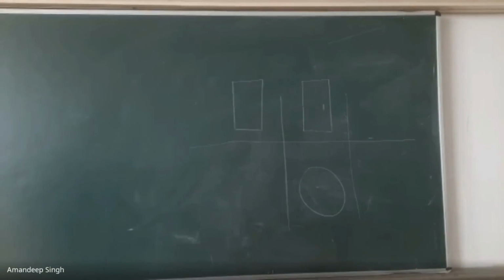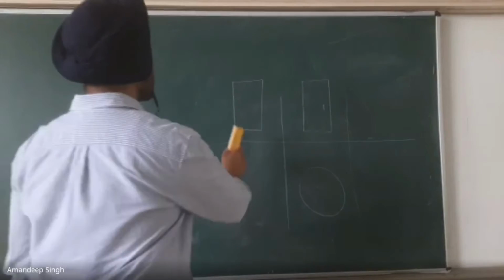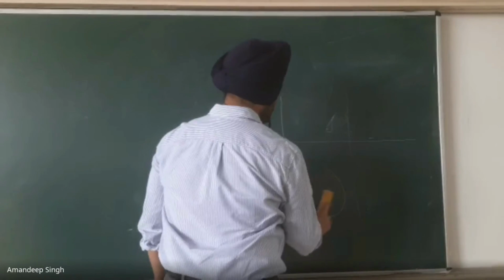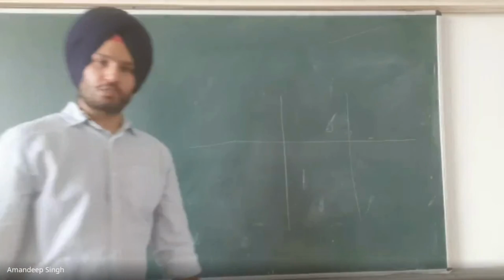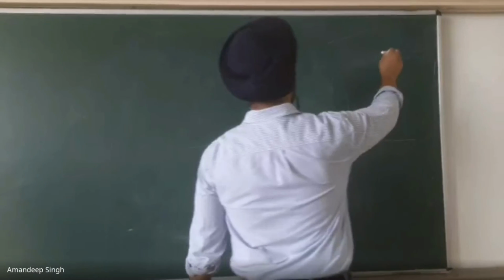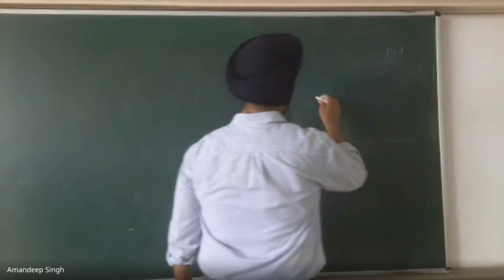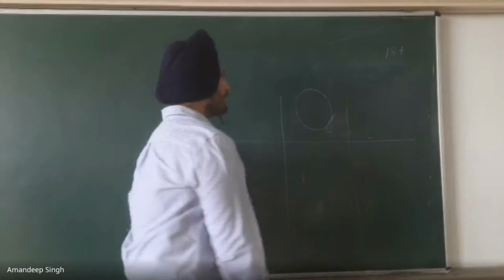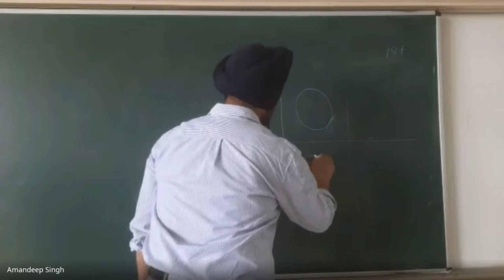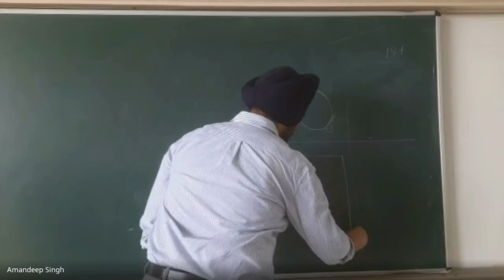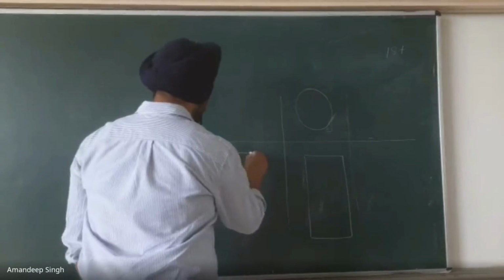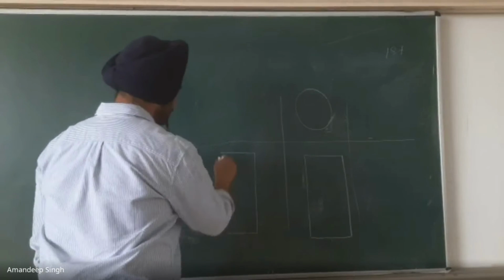Second case, when the cylinder has its base on the vertical plane with its axis parallel to the horizontal plane. So what kind of projections will come? In first angle, with the base on the vertical plane, the front view will be a circle, with the axis parallel to HP, a rectangular shape on the horizontal plane, and this will also be a rectangular shape.